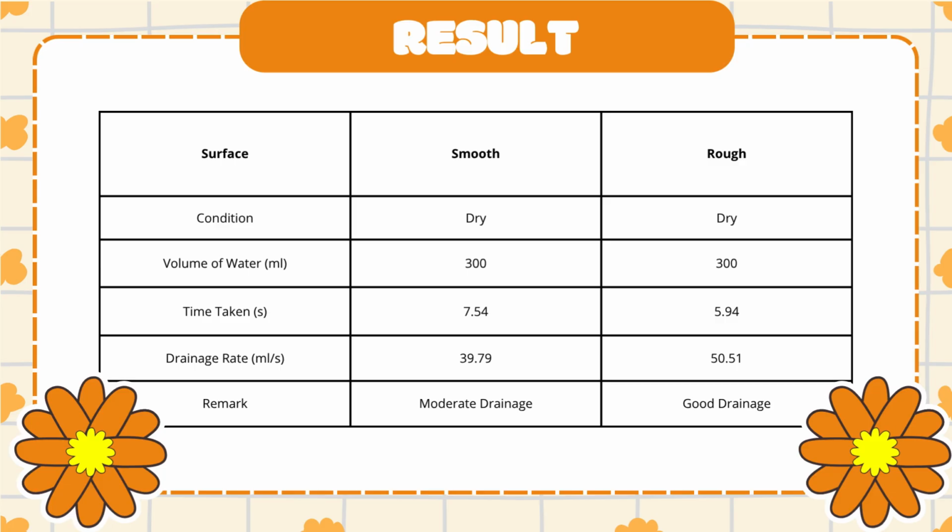The drainage rate for the smooth surface is 39.79 ml per second and it is classified as moderate drainage. Meanwhile, the rough surface recorded a shorter time taken, which is 5.94 seconds. The drainage rate for the rough surface is 50.51 ml per second and it is classified as good drainage.